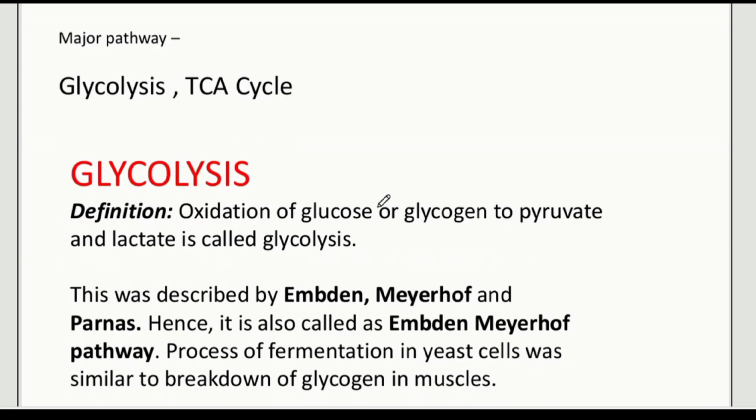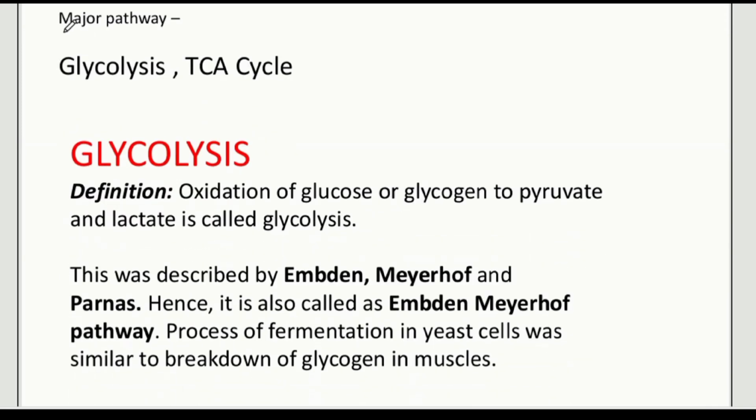If we see the major pathways, what are the major pathways of glucose metabolism? One is glycolysis, another one is the TCA cycle. What is glycolysis? If we break the name, glyco plus lysis. Lysis means breakdown, so glycolysis is the breakdown of glucose, by oxidation.